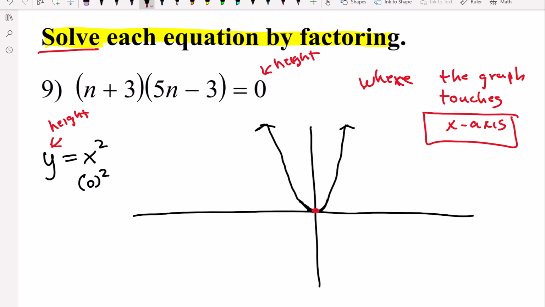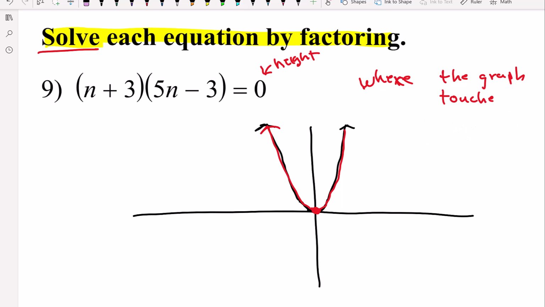So on a parent graph, where x is equal to 0, and because it's a quadratic, it only touches in one place, we'd actually say multiplicity of 2 because of this squared right here. So notice on the parent graph, y equals x squared, the graph comes down, it touches the x-axis at 0, and it goes back up. Okay, that's the parent graph.